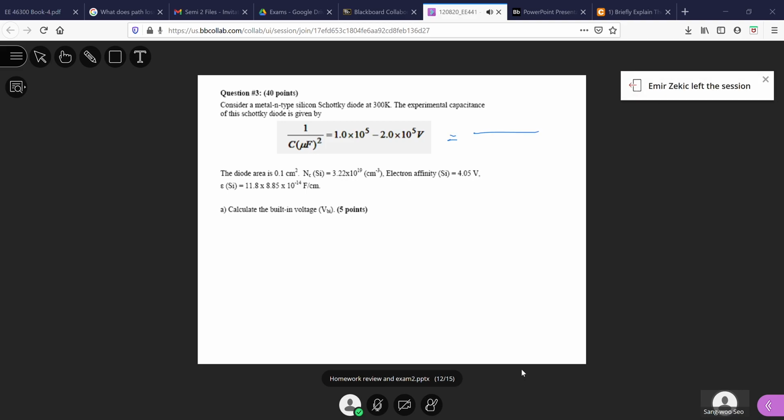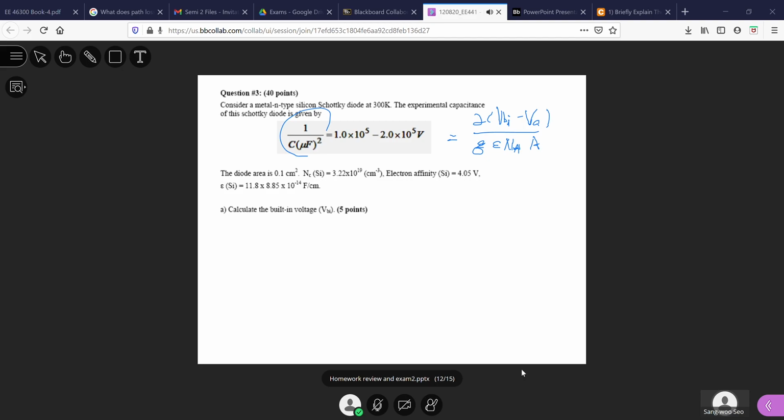This one is 2 times (VBI minus VA), and then here is Q, epsilon, NA, and the area. Now you also have to carefully correlate the units. Here the unit of the capacitance is microfarad, so micro is 10 to the minus 6.